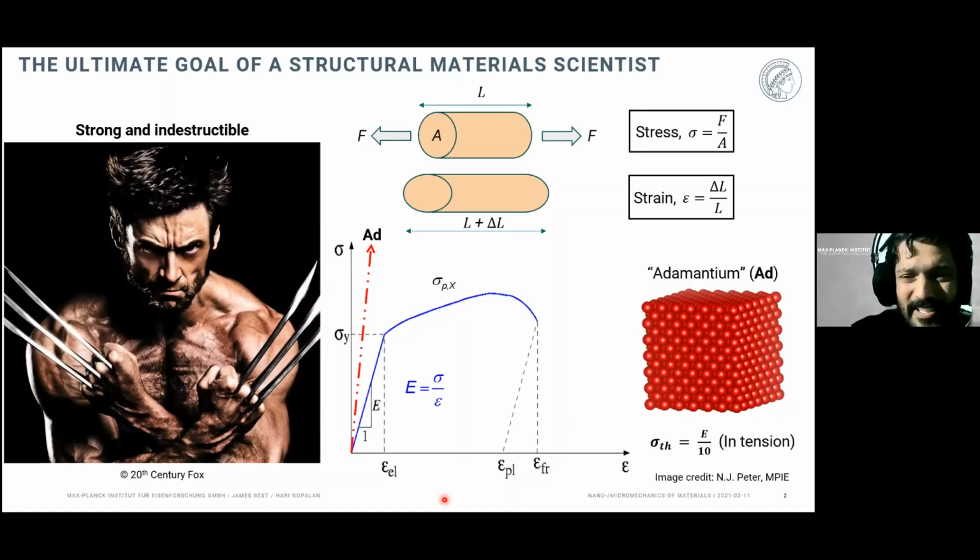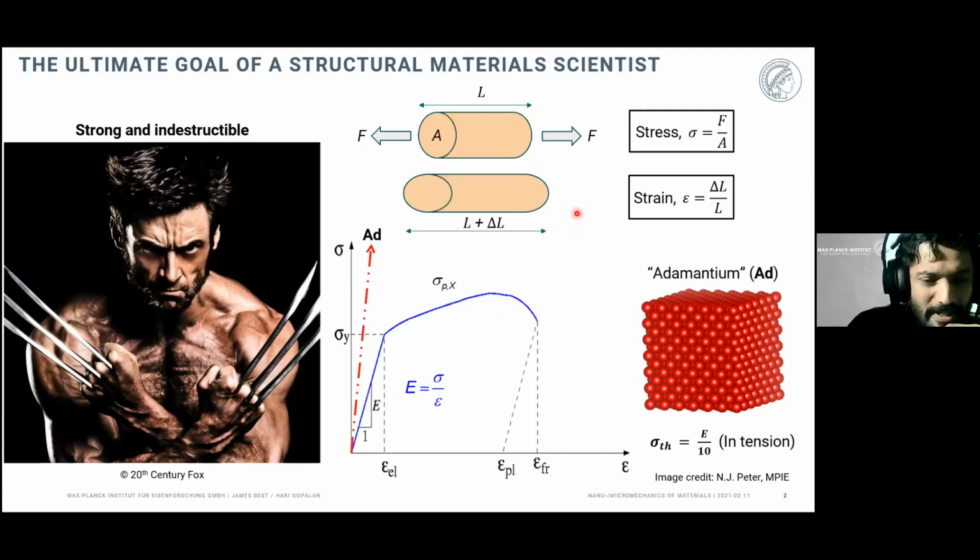And stress is basically the external force applied divided by the cross-sectional area, right? And when you pull on it, it elongates by a certain extent. And the strain is defined by the change in length divided by the original length. So fairly simple concepts to understand, but this has enormous implications on the material mechanical properties.